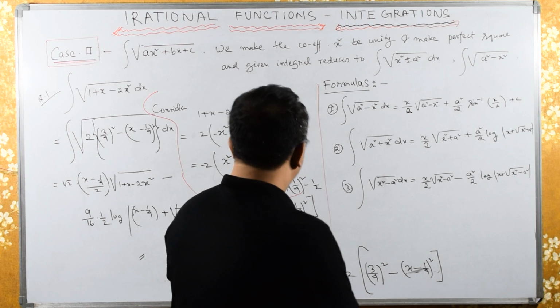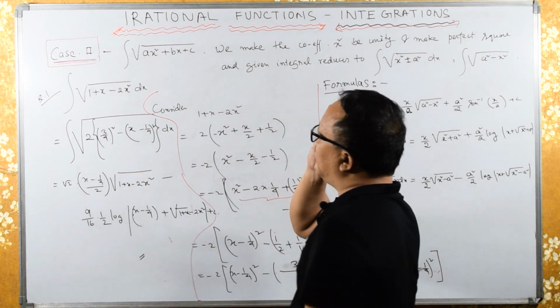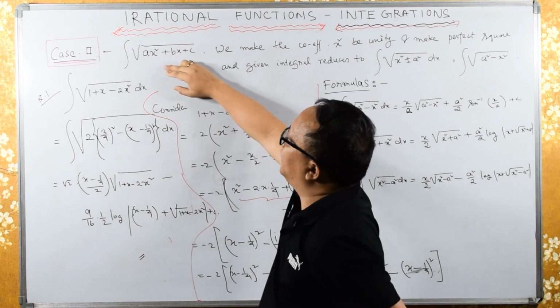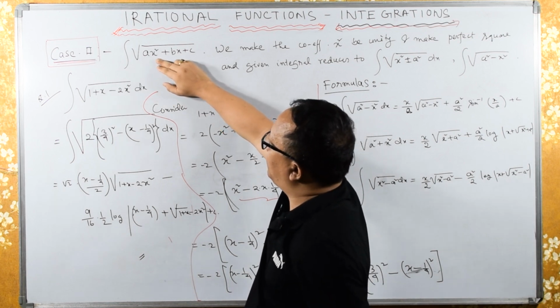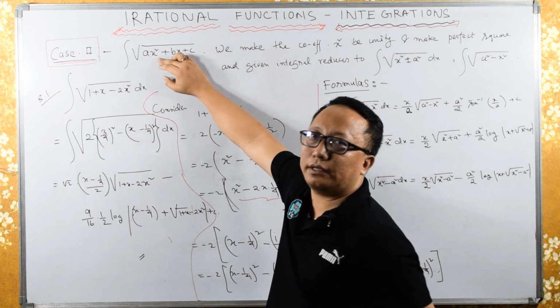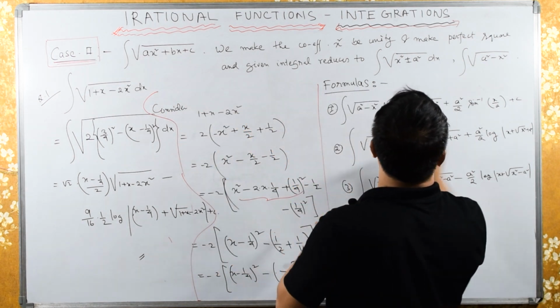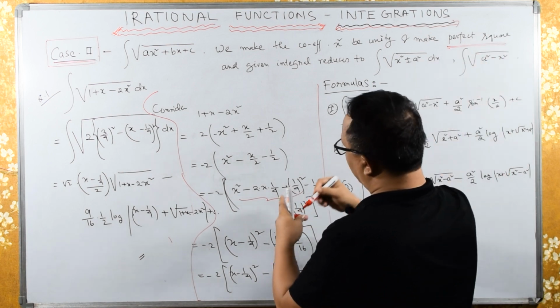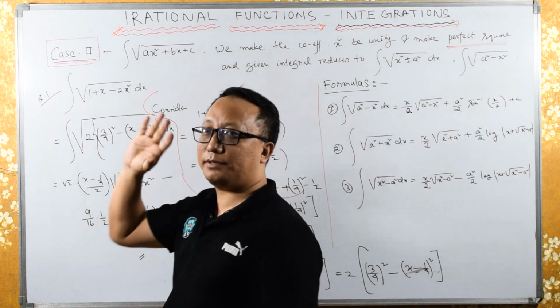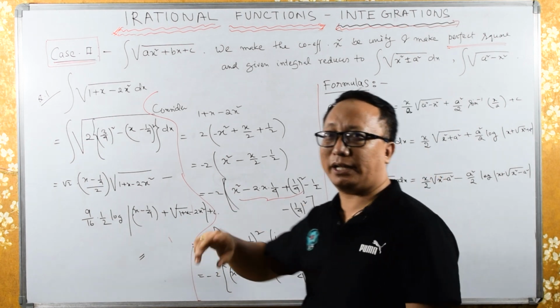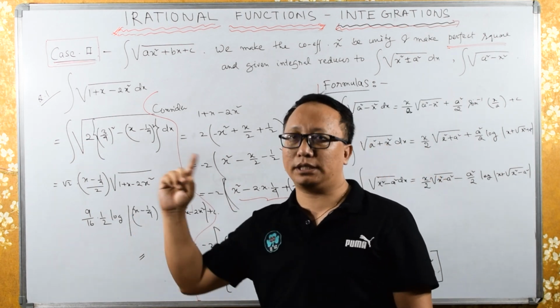Now case 1 is the same. What you have to do is make the coefficient of x square as 1. After that you have to make a perfect square, either of the form a minus b or a plus b. You bring it into that, and after that you will get either x square minus a square or a square minus x square.